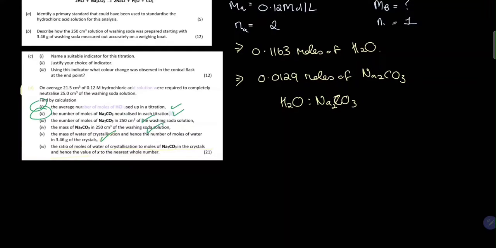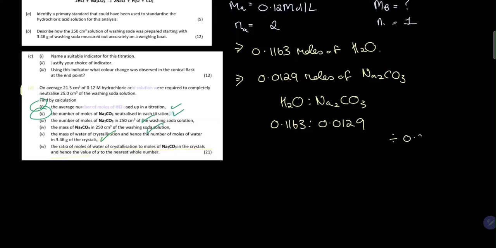Okay, let's fix that there. So then just put in your figures. Okay, so they obviously combine together in the sample in that ratio. So I just want to bring it down to the simplest ratio. To do that, I should divide each number by the smallest one.